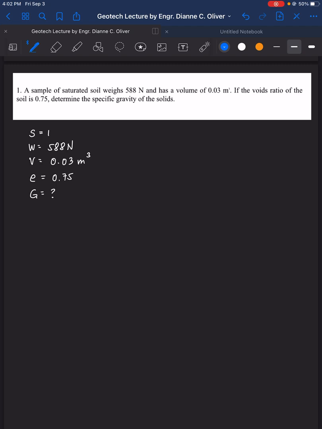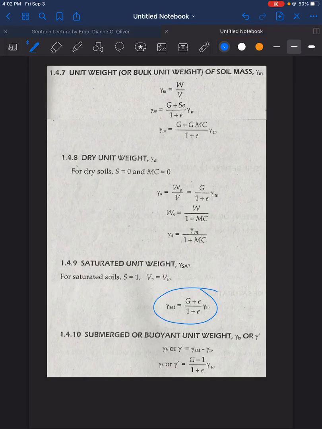Now what is gamma w, by the way? So the unit weight of water is 9.81 kilonewton per cubic meter, or that is 9,810 Newton per cubic meter.